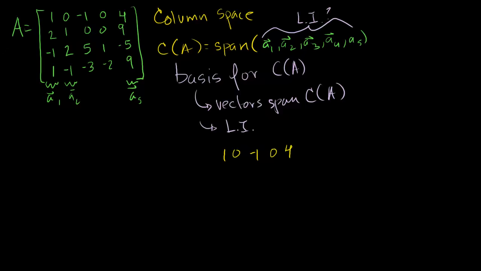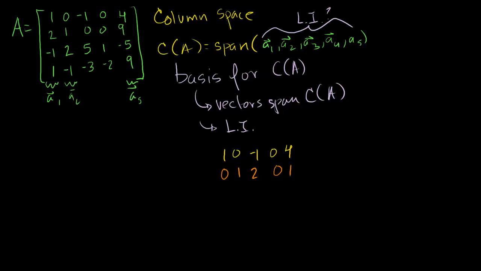So then our second row, 2 minus 2 times 1 is 0. 1 minus 2 times 0 is 1. 0 minus 2 times negative 1, that's 0 plus 2. 0 minus 2 times 0 is just 0. And then 9 minus 2 times 4 is 1.